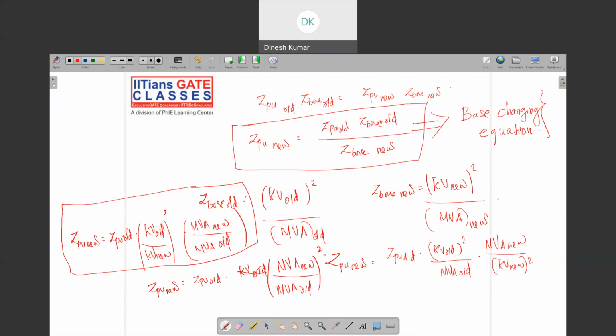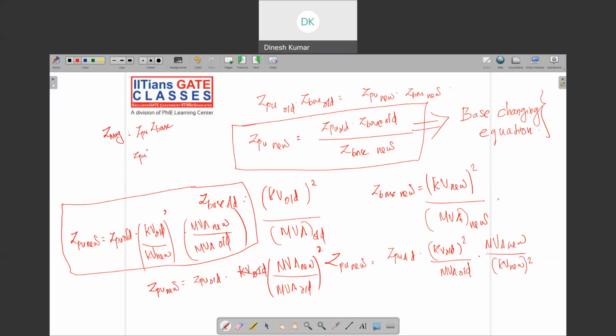So don't memorize the equations, just remember this. Because in both cases, for the new base or the old base, the magnitude actually remains the same. So that means Z magnitude is basically Z per unit into Z base, right? And this will be the same everywhere.